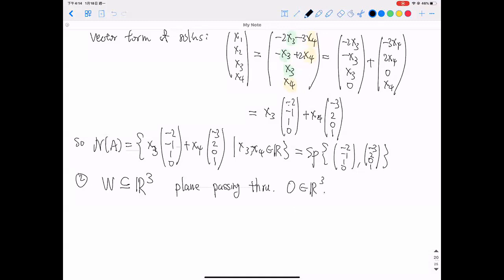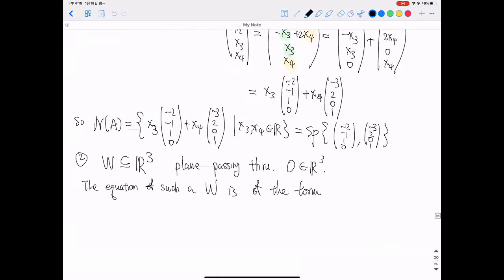Now I want to argue that in fact this W is a null space and hence a subspace. Now in general, if you have a plane passing through the origin, its equation takes the following form: ax1 plus bx2 plus cx3 equaling 0.